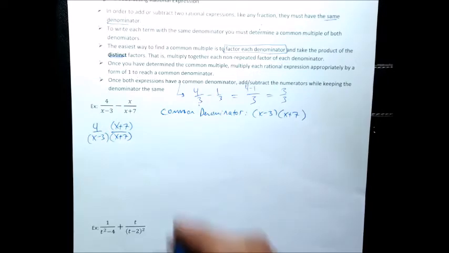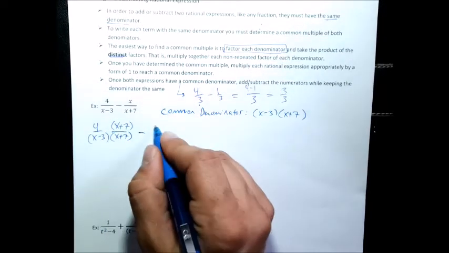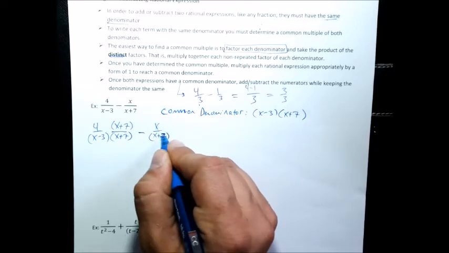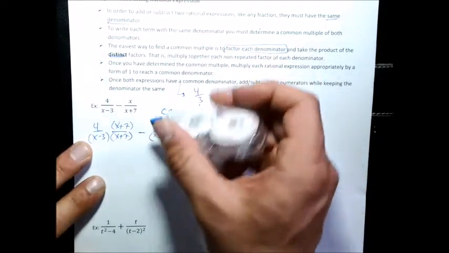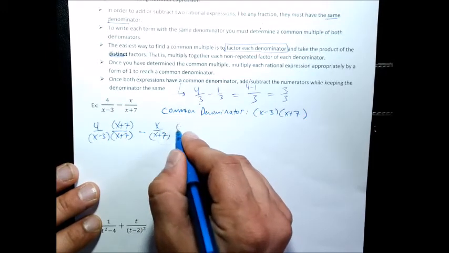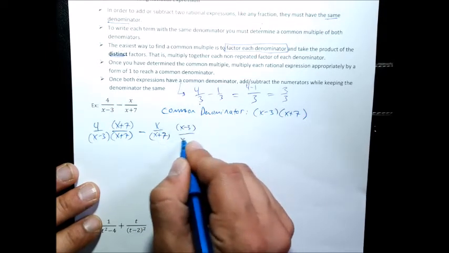All right, and we do the same thing on the right, except we do it with the x minus 3. So we do x minus 3 over x minus 3.